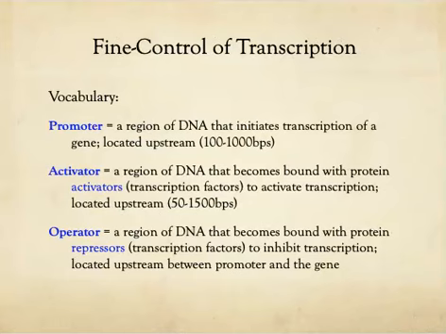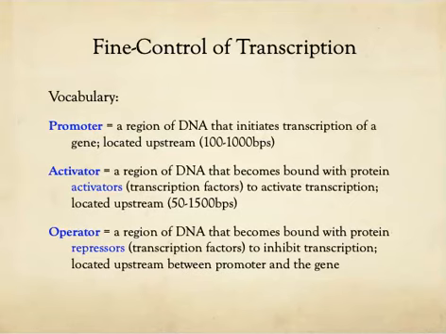So let's talk a little bit more about this fine control of transcription of genes. Remember, a promoter is simply a region of DNA within the regulatory region of a gene that helps initiate transcription.